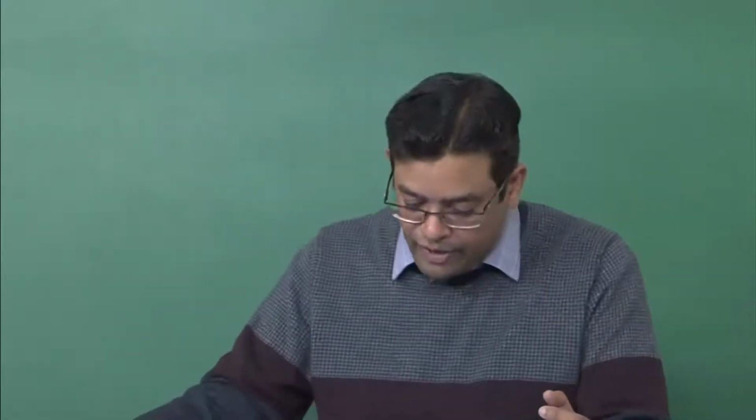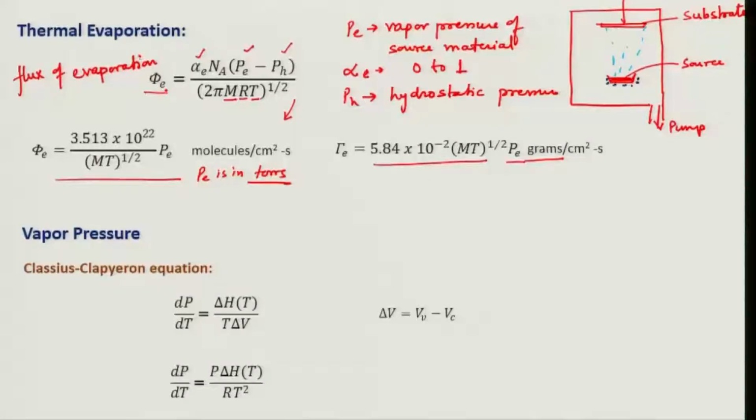Now, the vapor pressure of a material can be defined in this way. We know that this is the Clapeyron equation, which relates the change in pressure with temperature and change in volume with change in enthalpy.